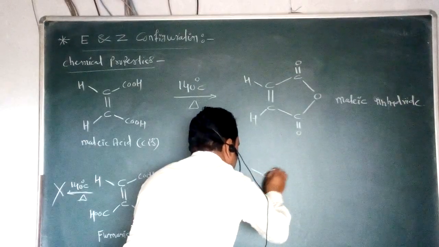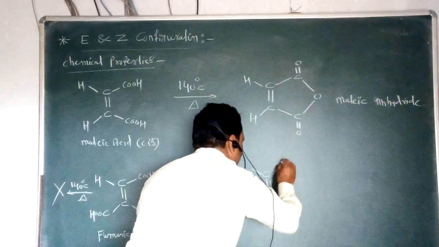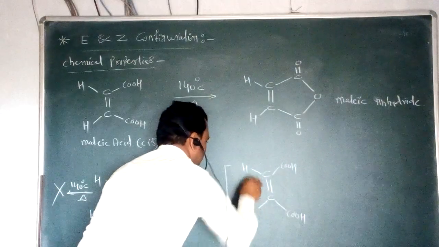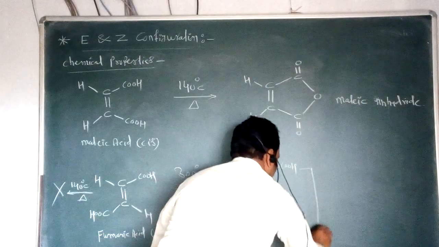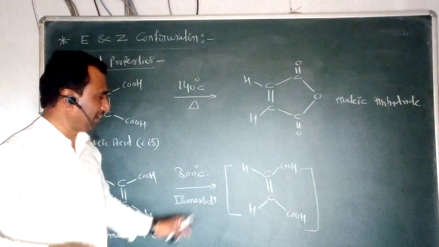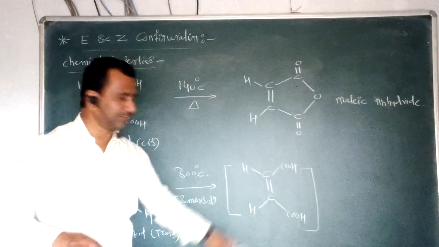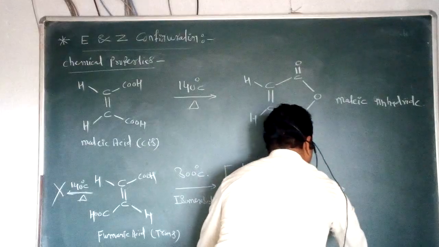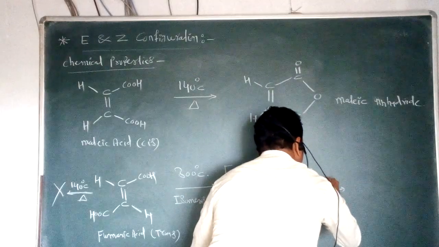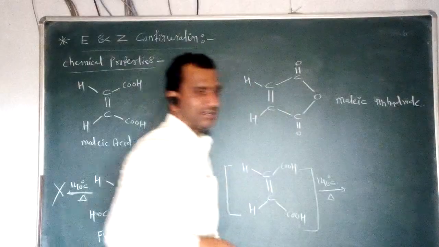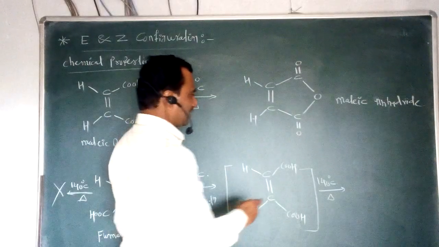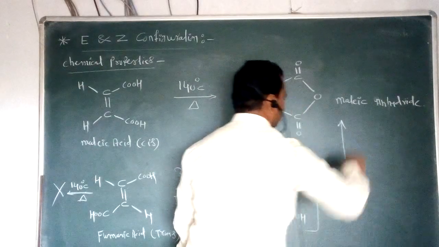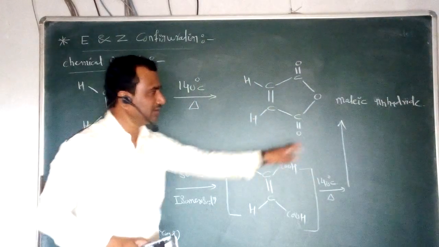So in the first step, after heating to 300 degrees centigrade, it undergoes isomerization to form the malic acid, and after that, if we heat this malic acid at a temperature of 140 degrees centigrade, it again gives the formation of the malic anhydride.